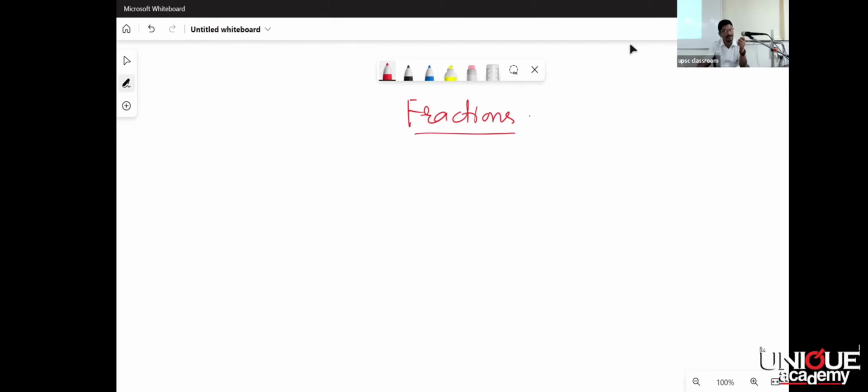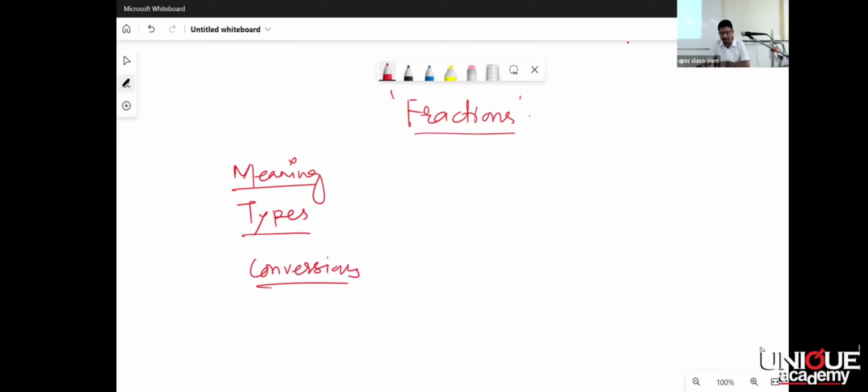So basically we have the basic topic, that is fractions. First of all, we should get the meaning of this, then types of fractions, then conversion of these types of fractions, means numbers or fractions are converted from one to other.